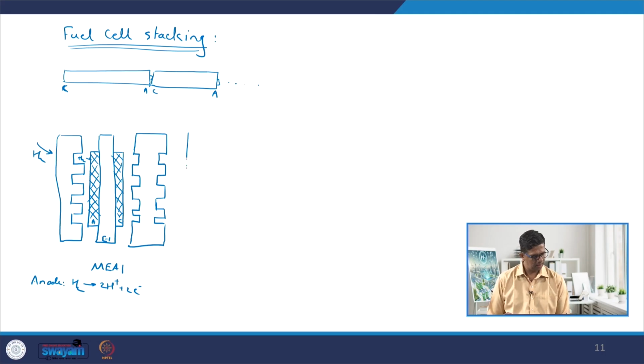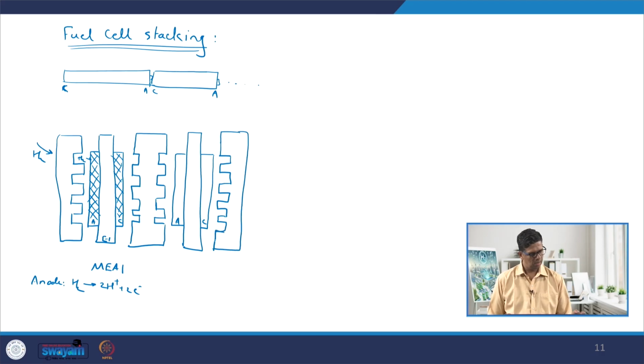Then we have the membrane electrode assembly for the second cell. So, this also becomes anode and this becomes the cathode, and then we have the monopolar plate for the second cell. Let me underline the diffusion layer.